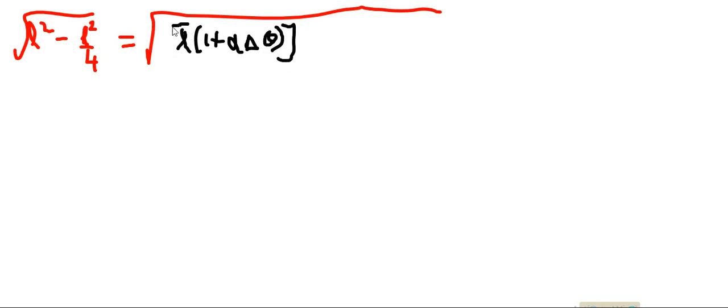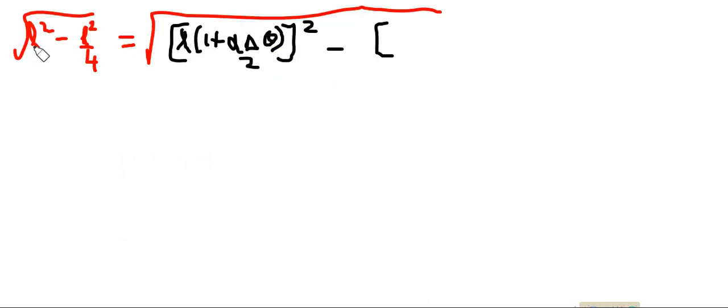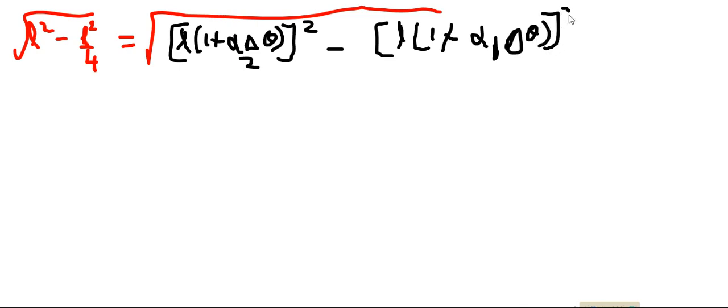Since this is whole square, the L is L square, then the same thing remains. For the length with alpha 2 here and alpha 1 here, we get L times 1 plus alpha 1 delta theta, whole square, by 4, on the left hand side and right hand side. You can understand, I think.